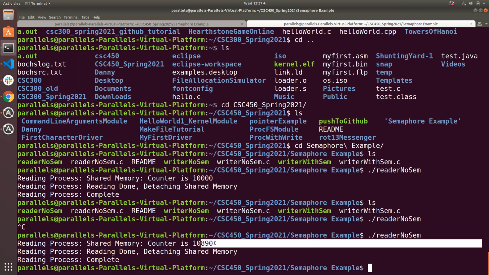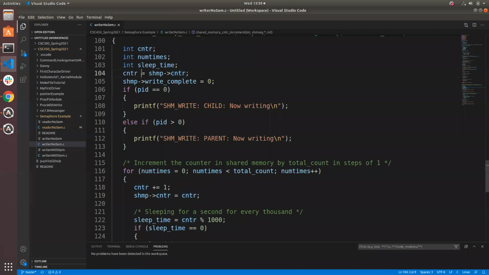So the parent started cooking, going 1, 2, 3, 4, 5, 6, overwriting shared memory each time. And then finally the child gets CPU time and says, okay, I'm ready to initialize my counter. Right here, he says my counter is equal to the current value of counter in shared memory, which in this case was 897, whatever the number was.